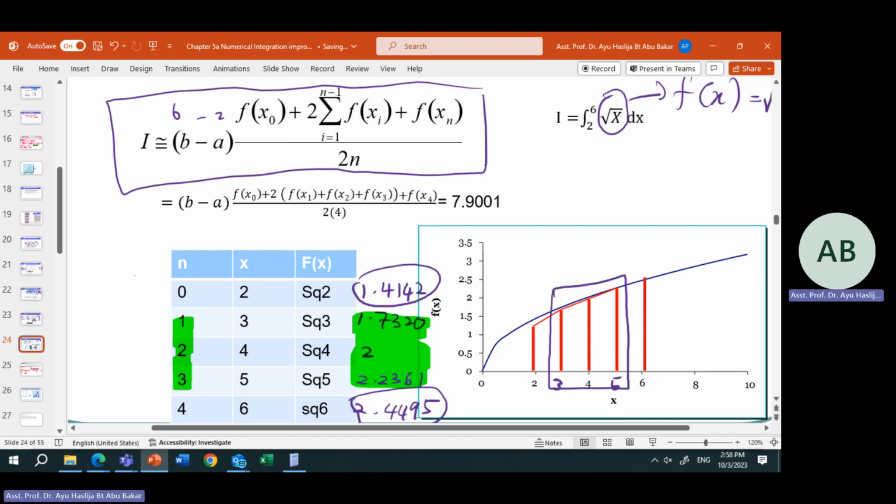Regardless of how many segments, the intermediate should be summed up, multiplied by 2, the fx. Then divided by 2, multiplied by the n. N here equals to 4.